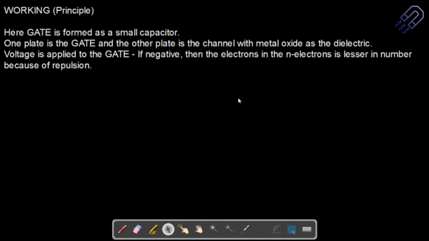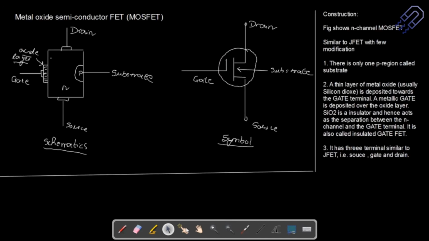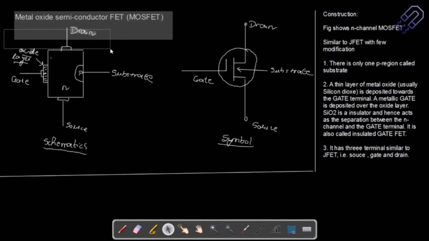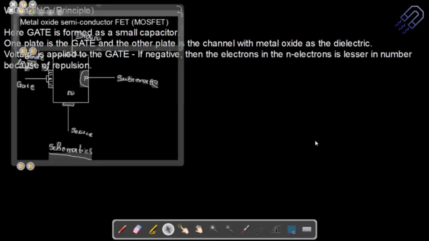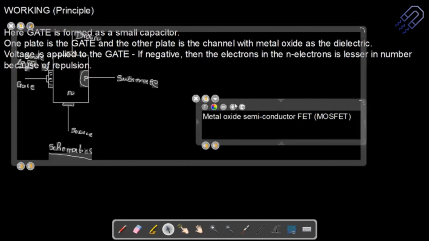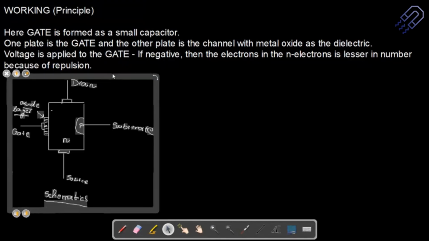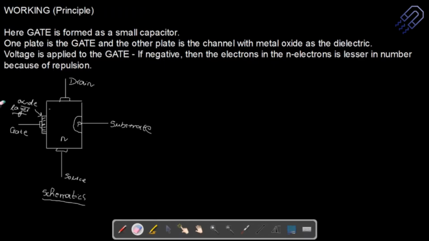So if I'm applying a negative potential here, I can draw a quick figure. Let me rub this off for clarity of the image. What we have here is the gate, the oxide layer, and everything.